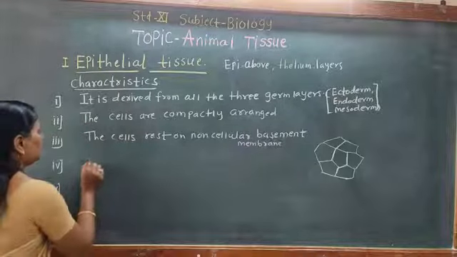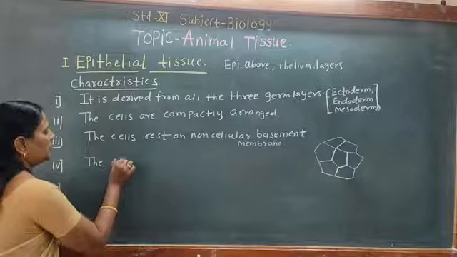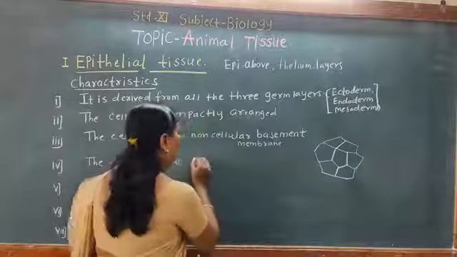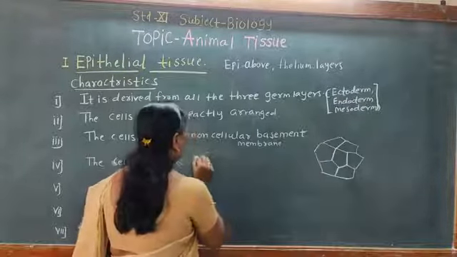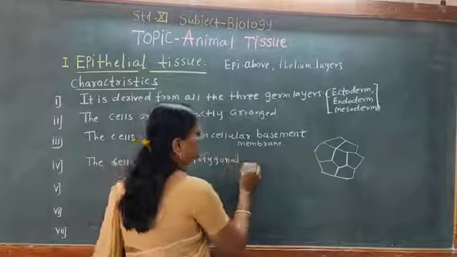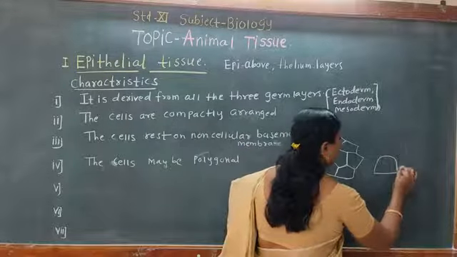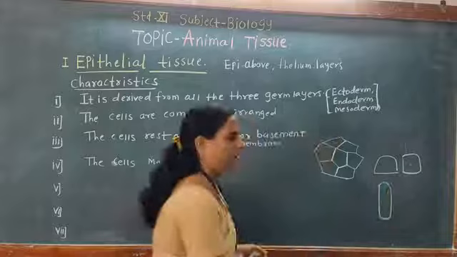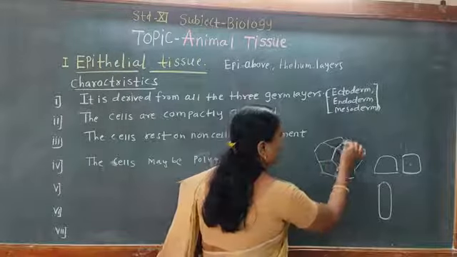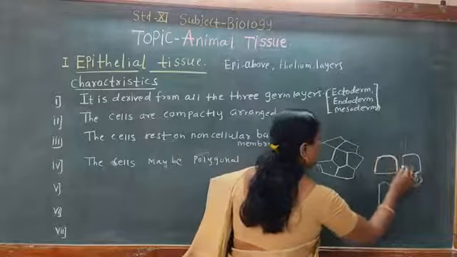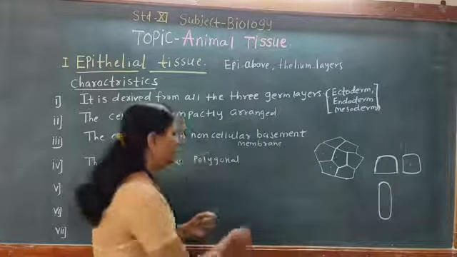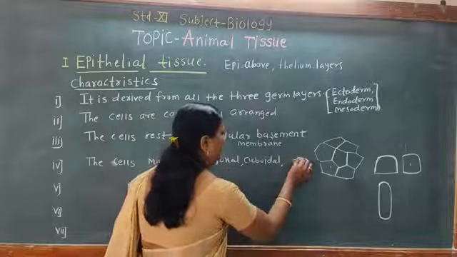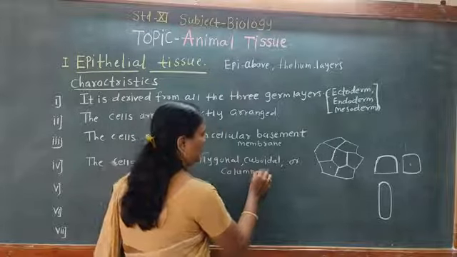Then next, the shape of cells may be polygonal, cuboidal, that is cube-like, or columnar, that is column-like. So the cells may be polygonal, cuboidal or columnar in shape. It is another important characteristic.